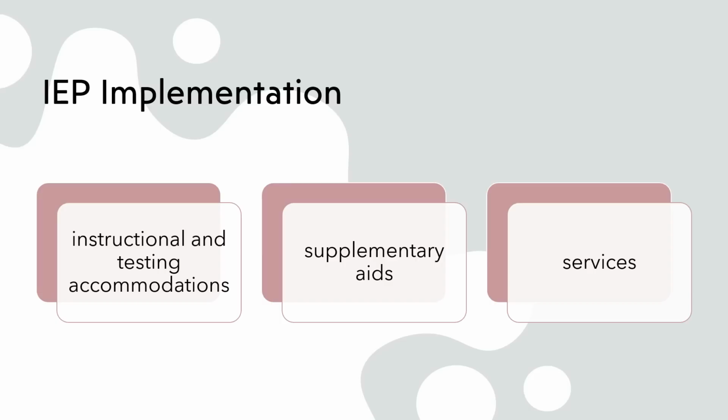The accommodations, supplementary aids, and services on a student's IEP must be provided during all literacy instruction and assessment. If a student qualifies for verbatim reading in ELA, this accommodation should be used for accessing grade-level curriculum and materials.